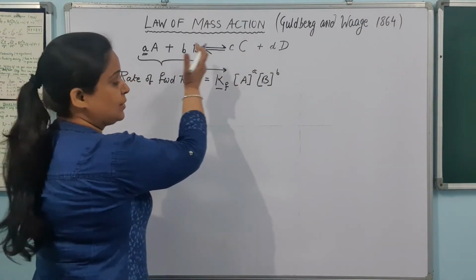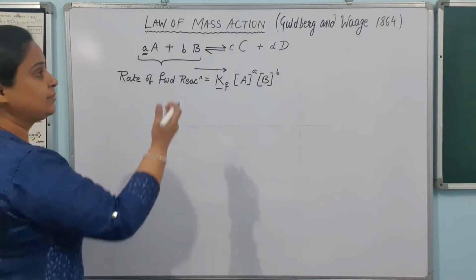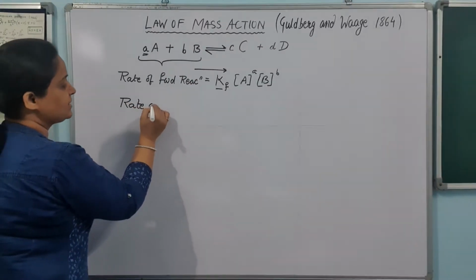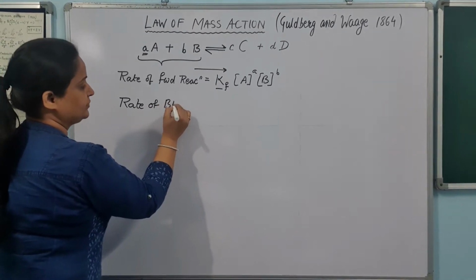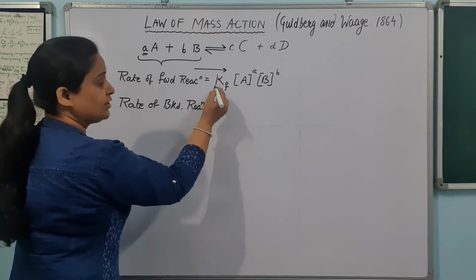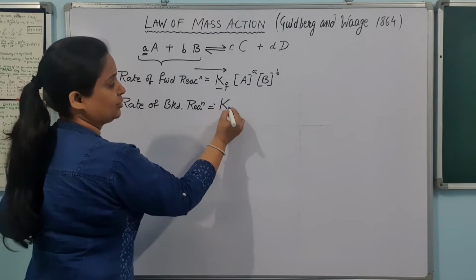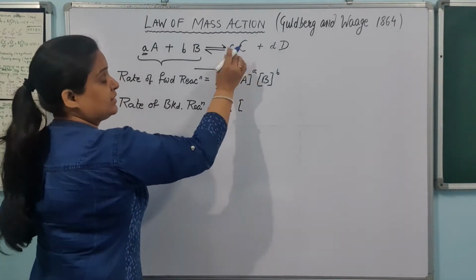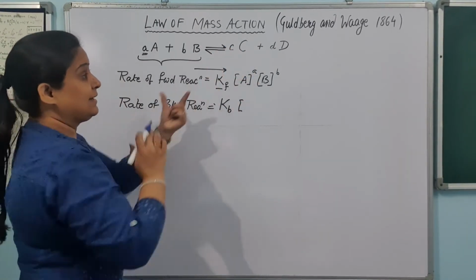If this reaction comes back, so definitely it will come back because it is a reversible reaction. So rate of backward reaction I can write it as backward. ठीक है, reaction. कैसे लिखें? Rate of backward reaction will be equal to velocity constant for the backward reaction and the concentration of the reactant.